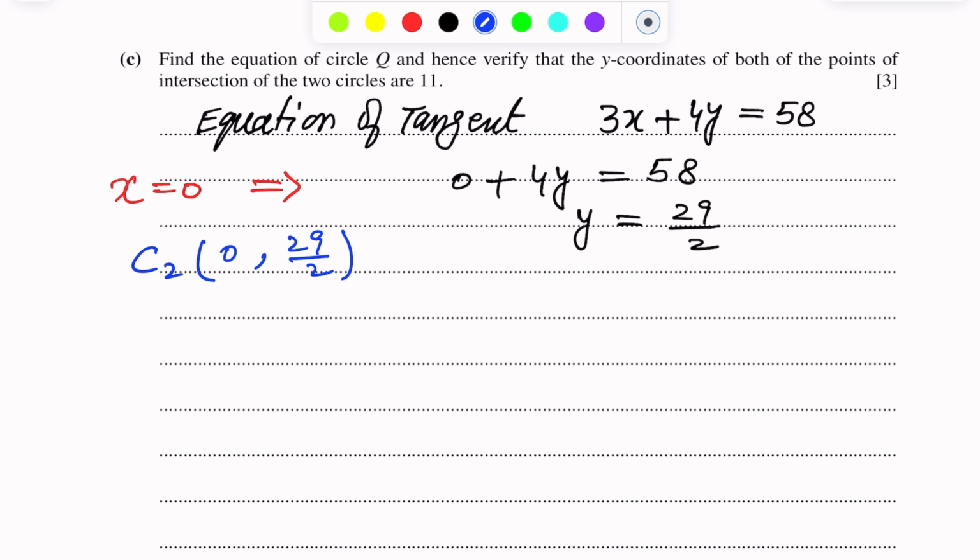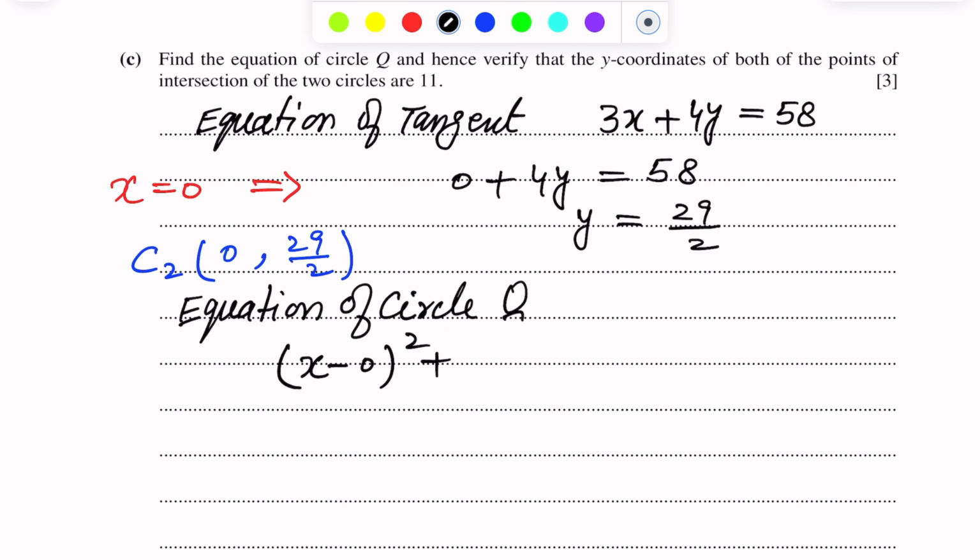The equation of circle Q, using the equation of a circle, is x minus 0 whole square plus y minus 29 over 2 whole square is equal to radius square. The radius is 5 under root 5 over 2, and there will be a square. This is the equation of the circle Q.